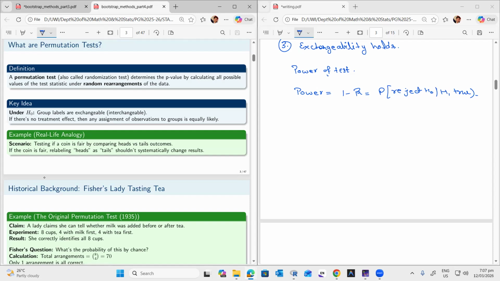The key idea that we are discussing again and again is exchangeability, or interchangeability. This is the main assumption for the permutation test. Exchangeability means that under the null hypothesis, the joint distribution of observations remains unchanged when the group labels are arbitrarily permuted.